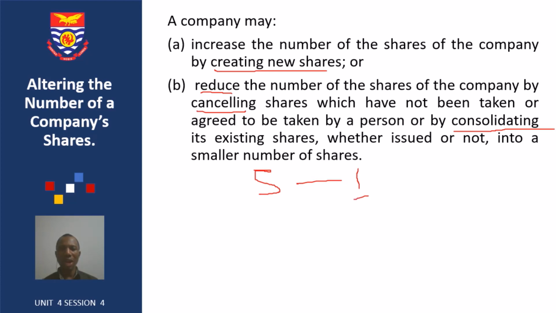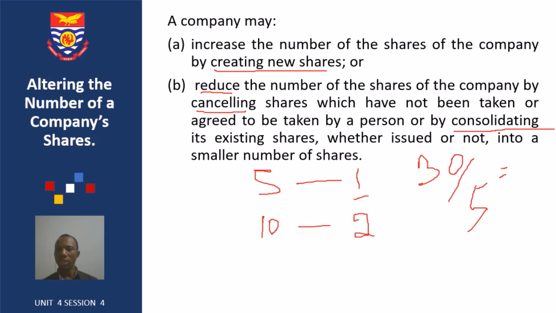If you have 10 shares, you will now have 2 shares, so that it reduces the number of shares that the company holds. Now, if the company is saying that it is reducing its number of shares, 5 will go for 1 share, then obviously the one who is having 30 shares in the company will have 6 shares by way of division.